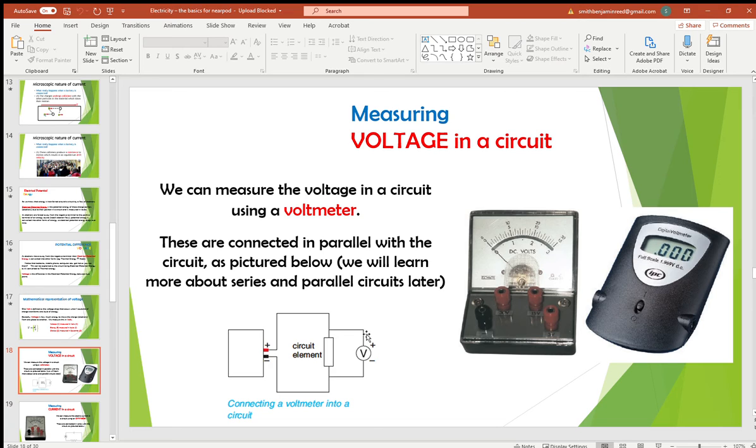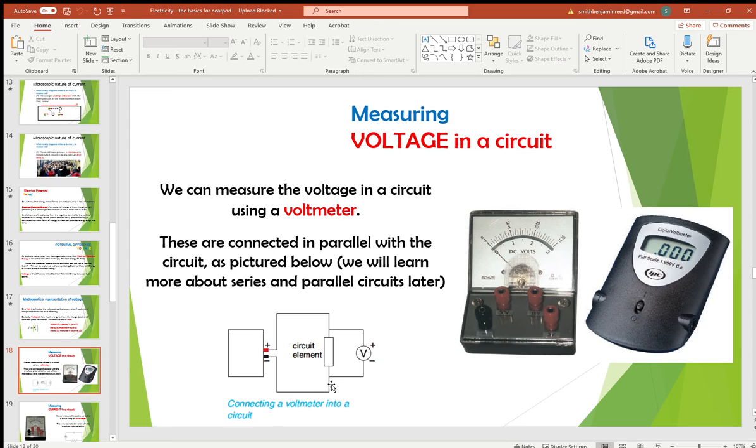So a voltmeter is actually hooked up to a circuit in parallel. Now, we haven't really talked about what parallel versus series means, but if this is your circuit, the voltmeter doesn't have to be connected through the circuit.